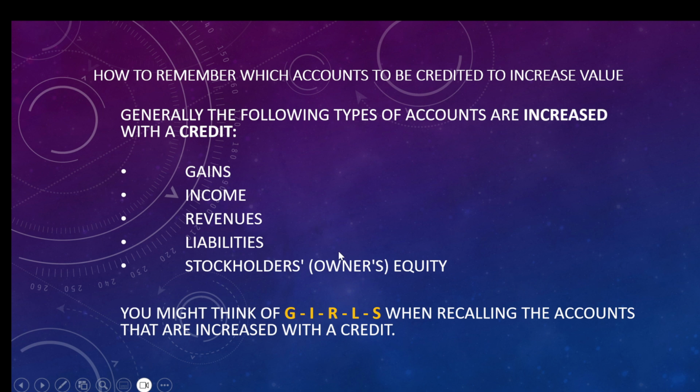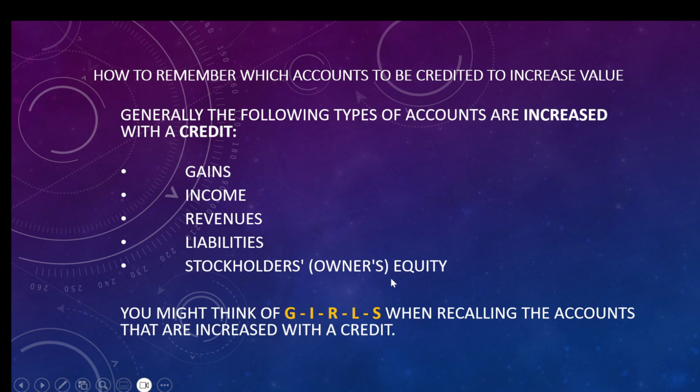Okay. Now, again, how do we remember which accounts need to be credited to increase their value? Generally, the following accounts are credited if we have to increase their value: gains, income, revenues, liabilities, and stockholders' equity. We can remember that as GIRLS. So GIRLS means gains, income, revenues, liabilities, and stockholders' equity.